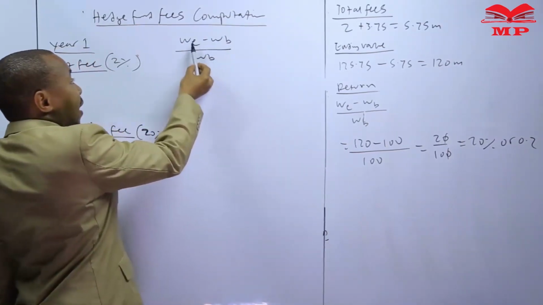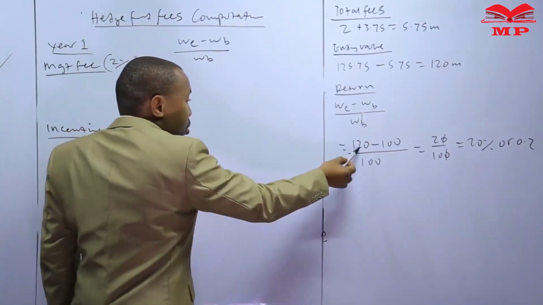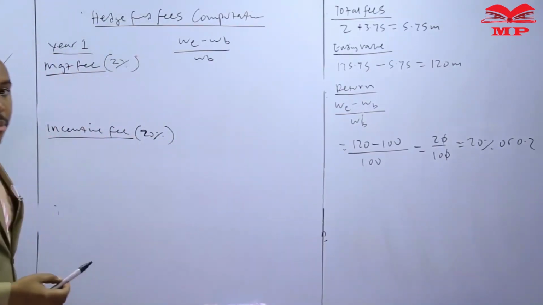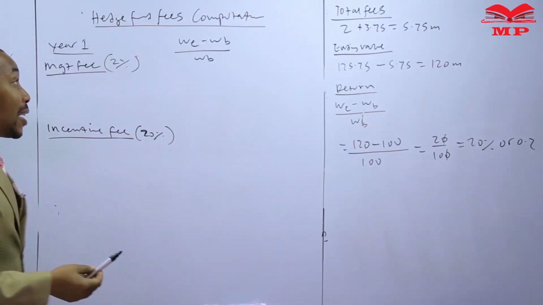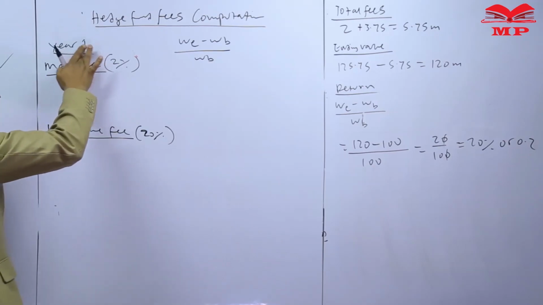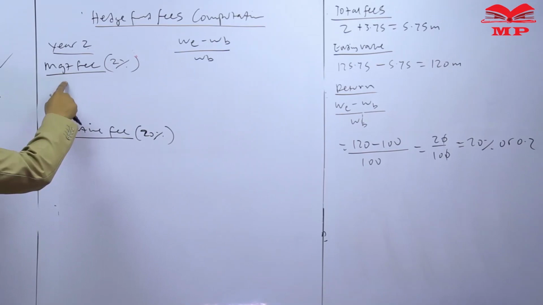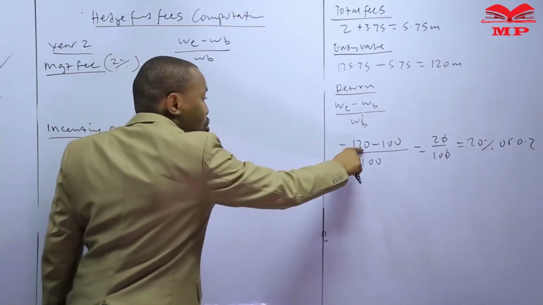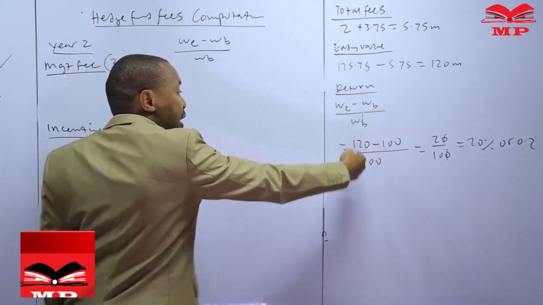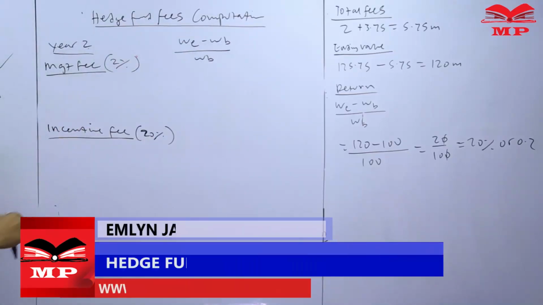The wealth at the end of the first period, 120 million, becomes the value at the beginning of the second period. So this is supposed to be year 2.